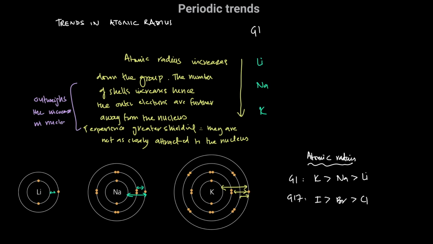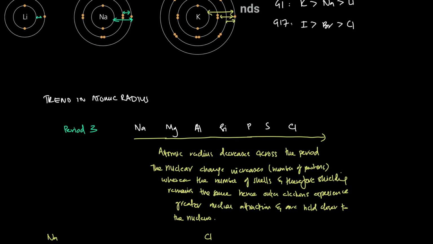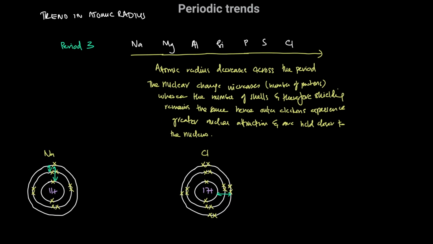Outweighs the increase in nuclear charge. So this is the idea when we talk about the atomic radius across the period and down the group.